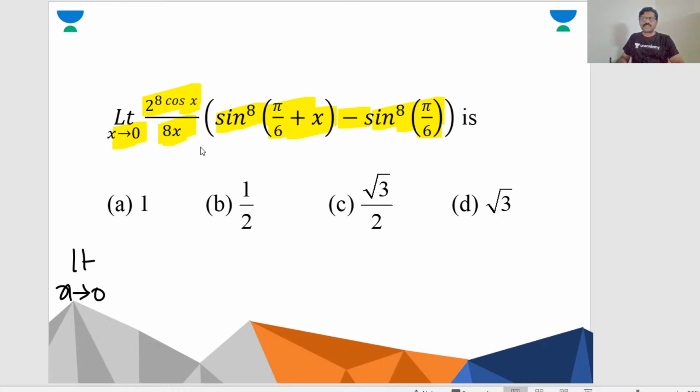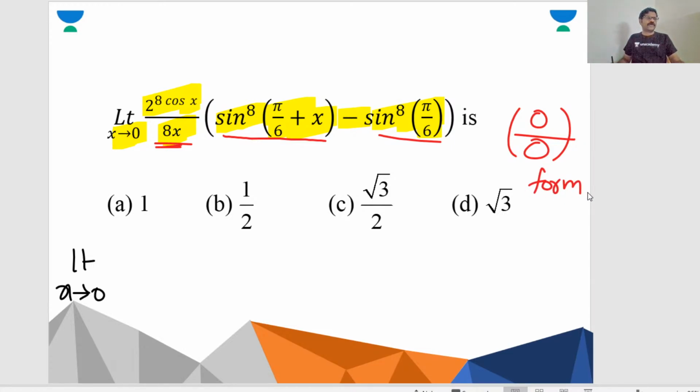When x is tending to 0, denominator 8x tends to 0. So, denominator is 0. When x is tending to 0, numerator sine power 8 pi by 6 minus sine power 8 pi by 6 is 0. 0 by 0 form. When 0 by 0 form comes, we have to apply L'Hospital rule. Yes, Simon Singh, we have to apply L'Hospital rule.